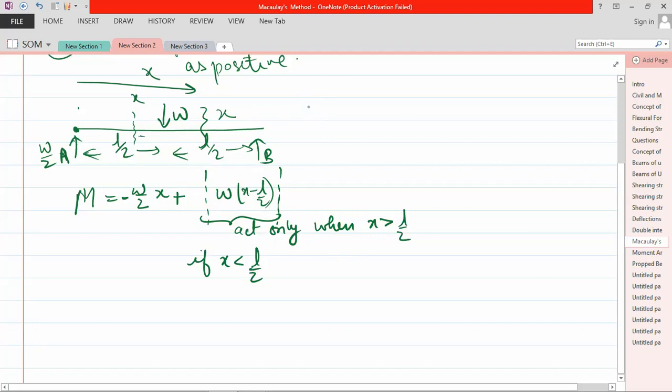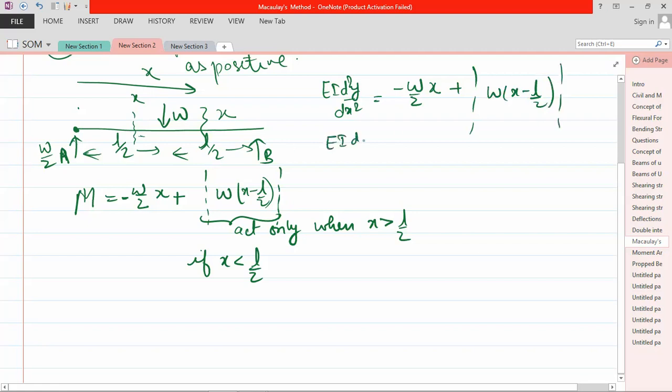Now, just put it in the formula. EI d2y by dx square is equal to minus W by 2 into x plus this bracket W into x minus L by 2. And now integrate it with respect to x.